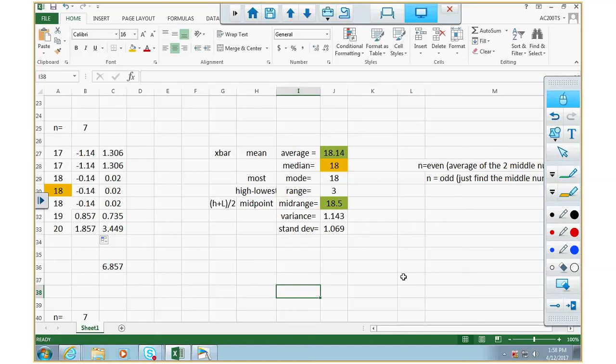I got the variance and stuff. You see why? Let me check it, make sure. Variance, wait a minute. B25 minus 1. Yeah. C36. Check, do you have 6.857 for the summation of these?